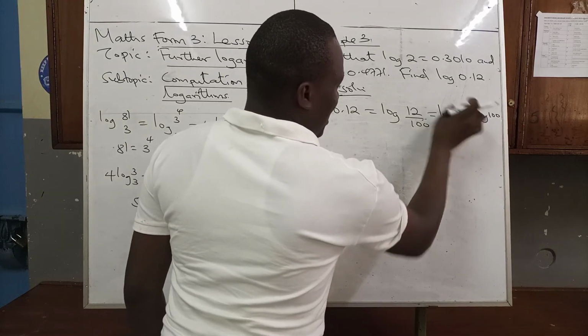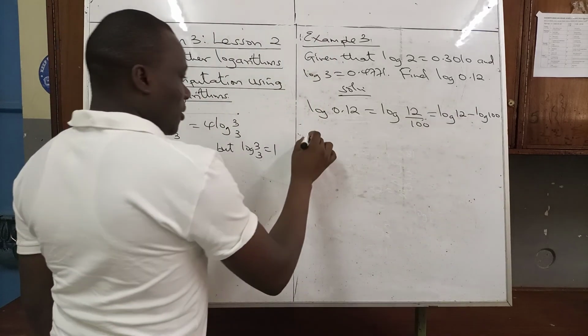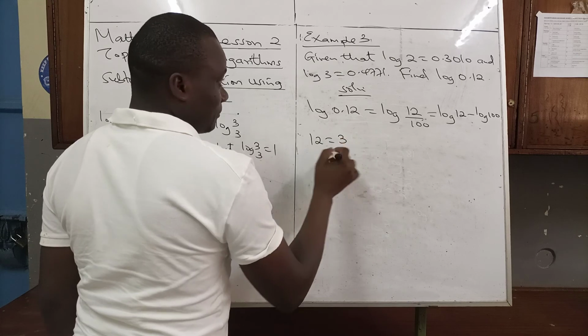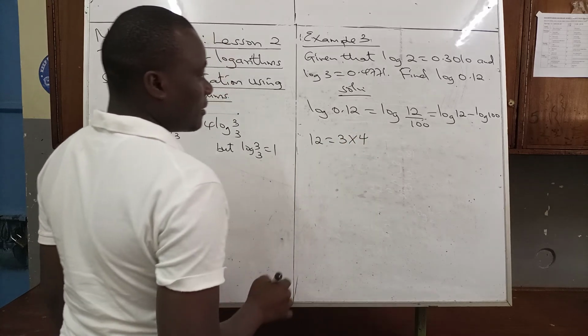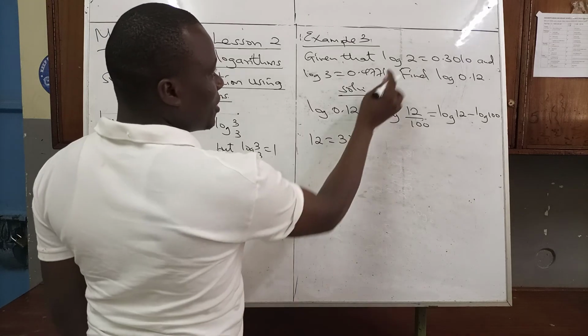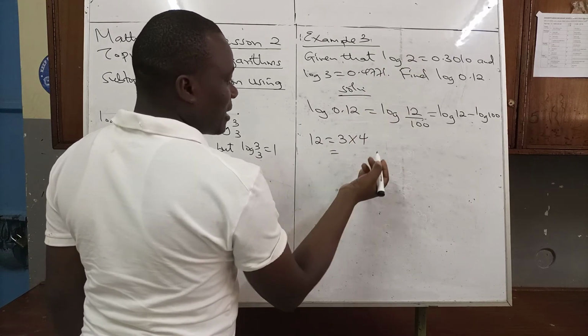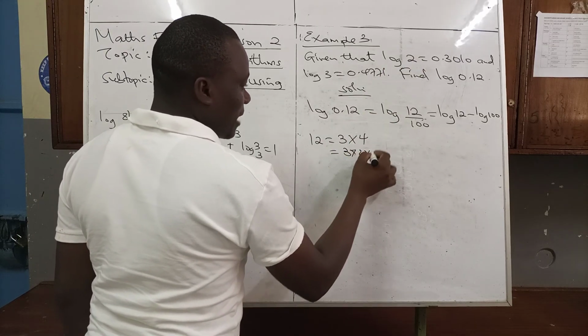Can we further simplify log 12? Yes, 12 can be written as 3 times 4. Because we don't have 4 there, it can be written as 3 times 2 times 2.